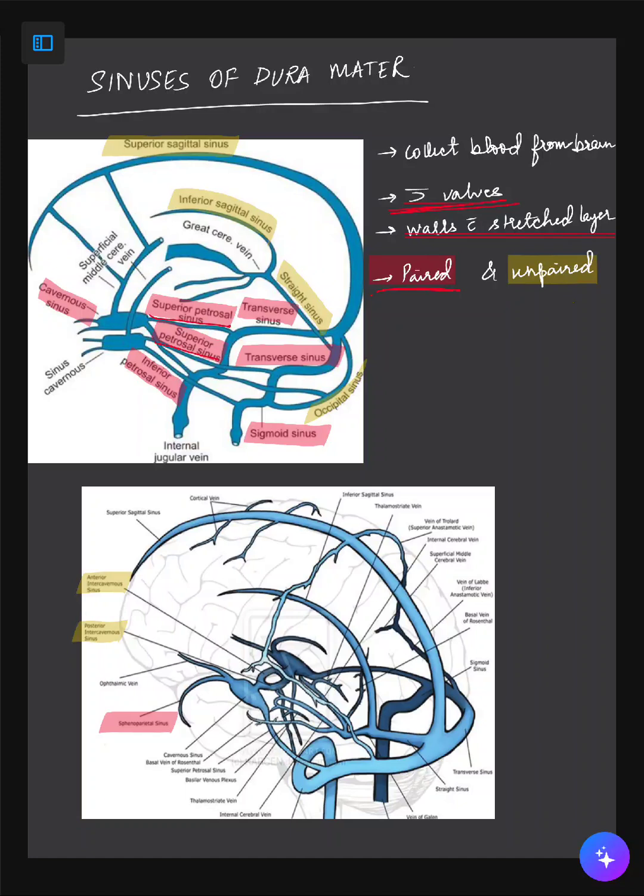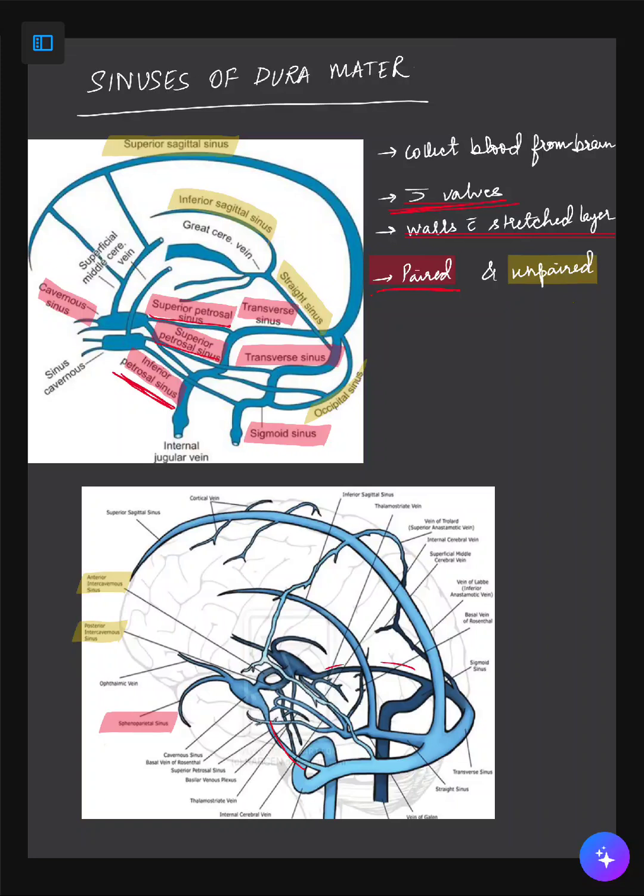Next is inferior petrosal sinus, and from that side also. There are 2 sides, right? So like this only. Inferior petrosal sinus and superior petrosal sinus. These are paired.